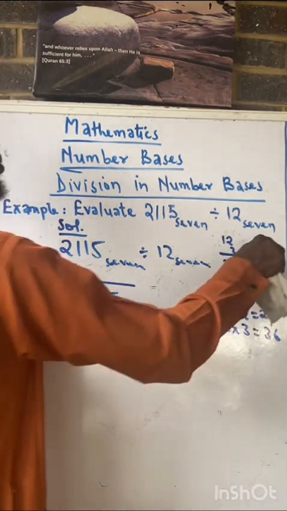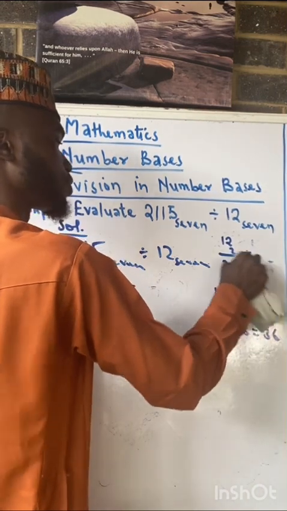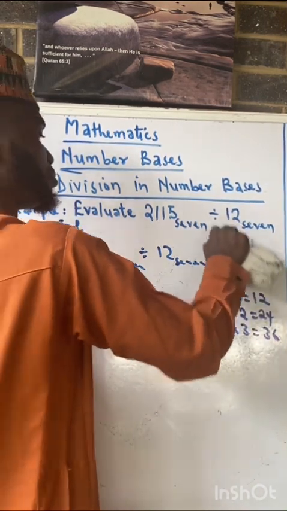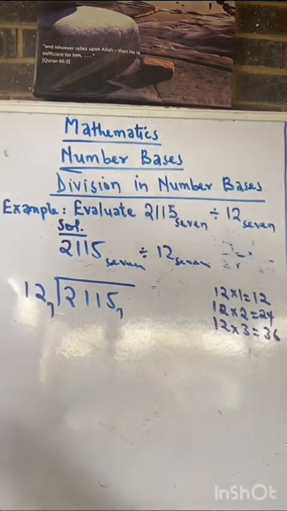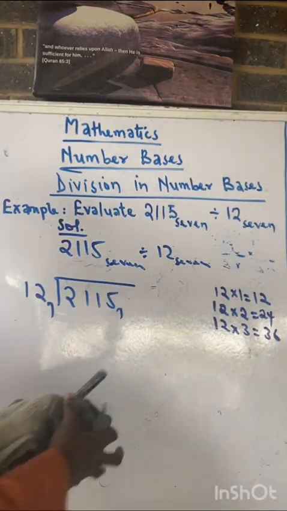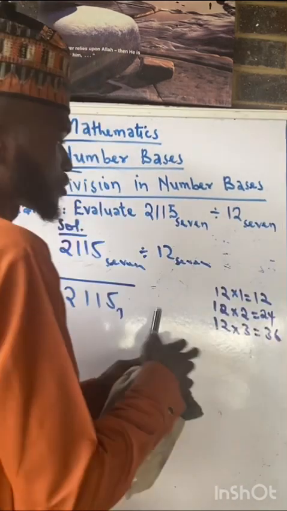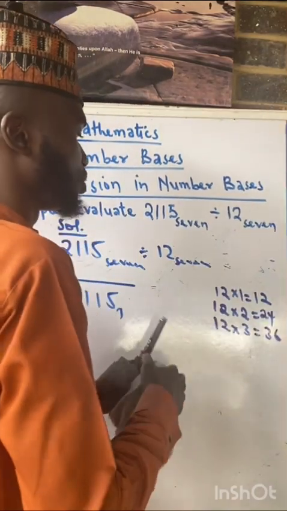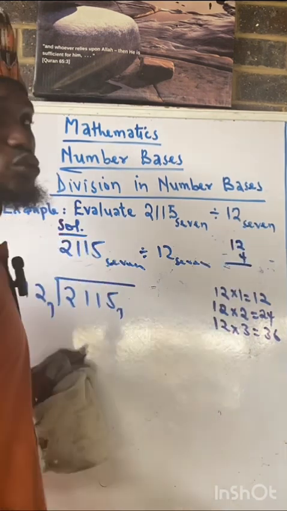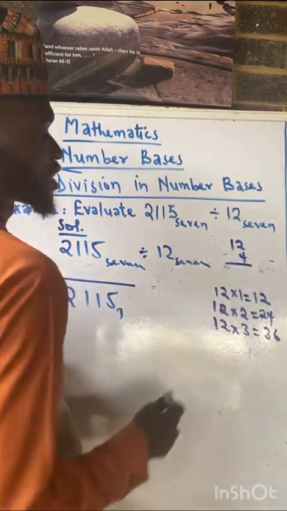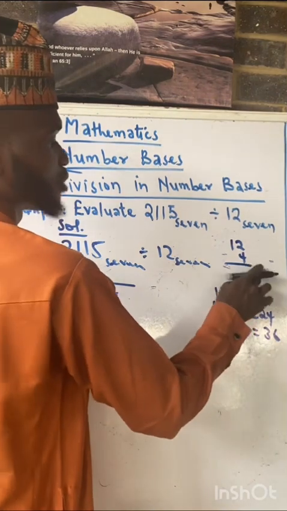What of 12 times 4? Let's see what 12 times 4 will give us in base 7. 4 times 2 is 8. 8 is not in base 7. We have to divide by 7.